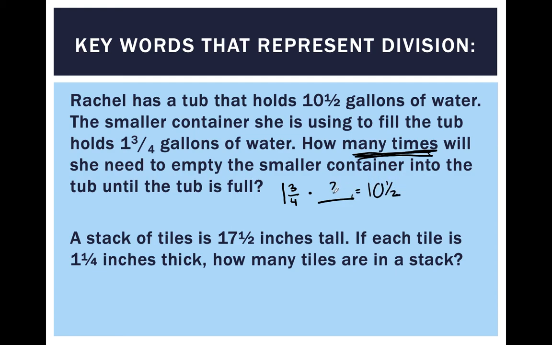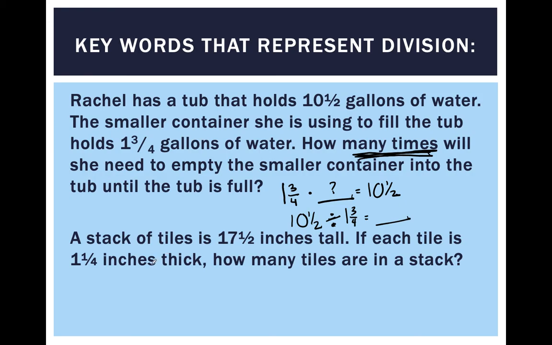Well, we don't know that information. So to figure that out, we have to divide 10.5, which is my total, divided by 1 3/4. And so basically, if we're missing that information, we need to work backwards. So the opposite of multiplication is division. So that is why this one would be division.